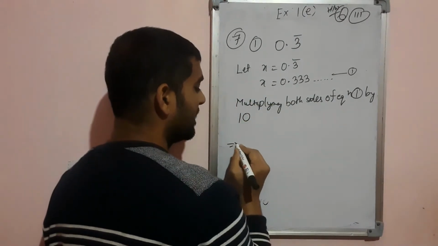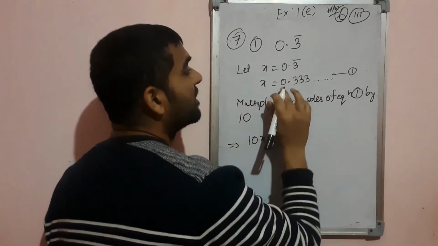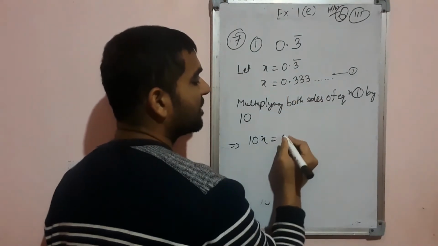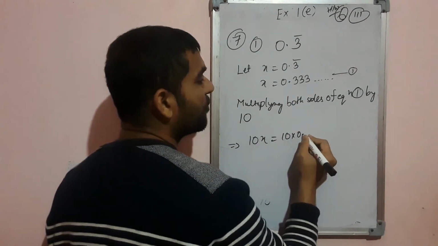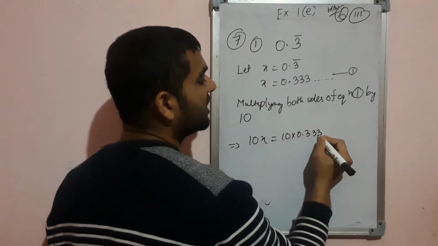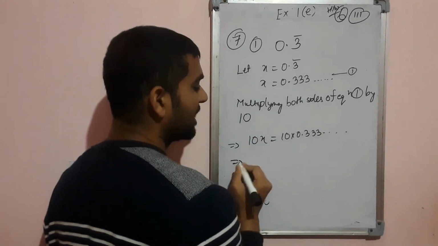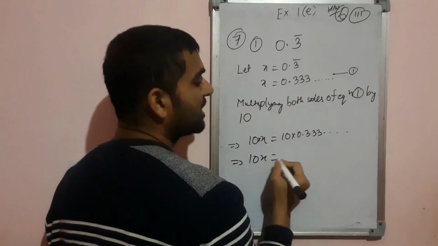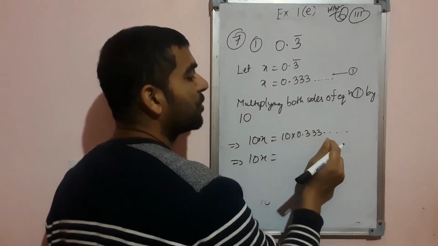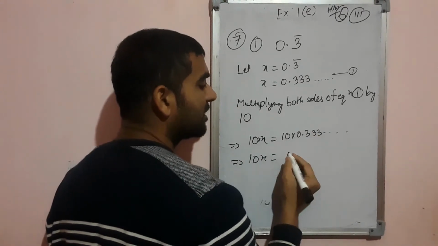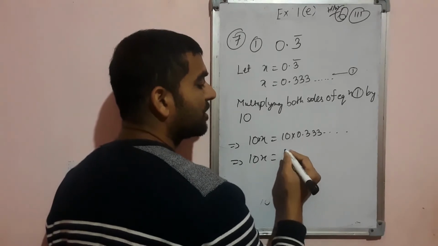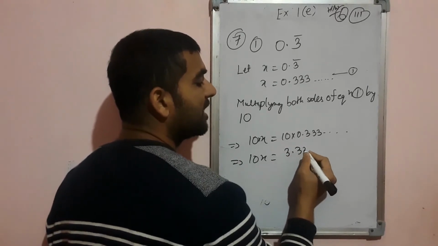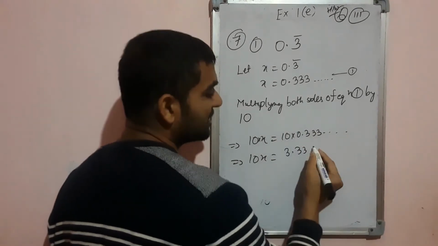10x equals 10 into 0.333 dot dot dot. If we multiply 0.333 by 10, the decimal will move this side, so we will get 3.33, and you know that dot dot dot means it keeps on repeating.